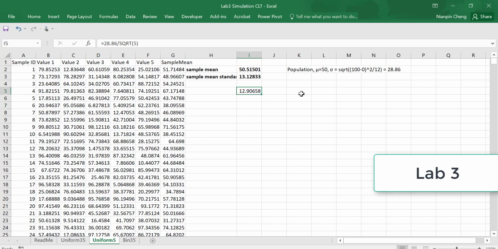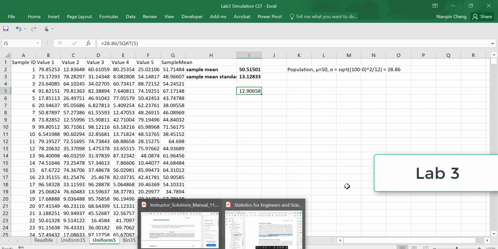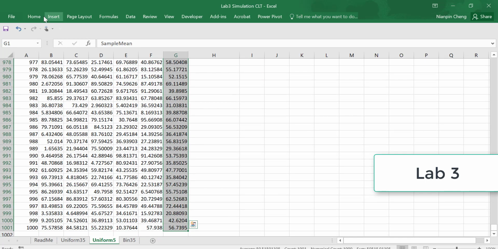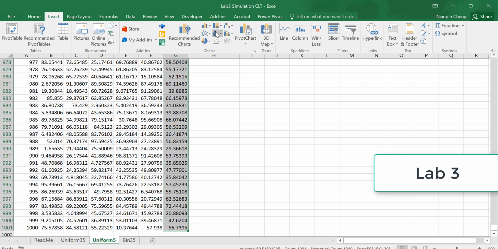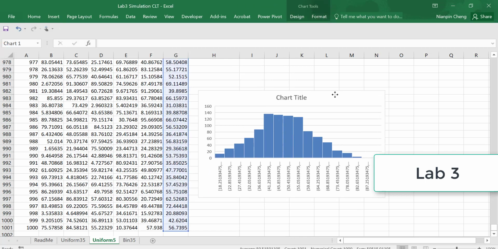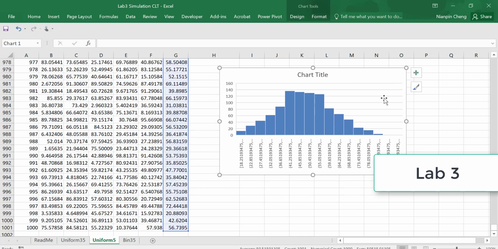So what's the shape? Does the shape also follow a normal distribution if my sample size is small? We can also insert a chart here.